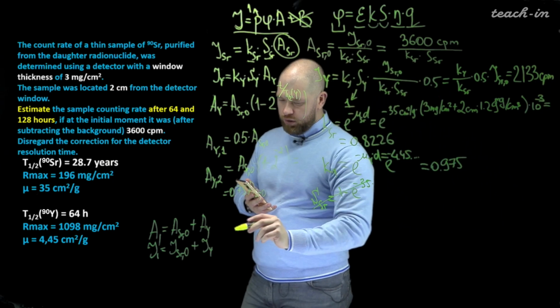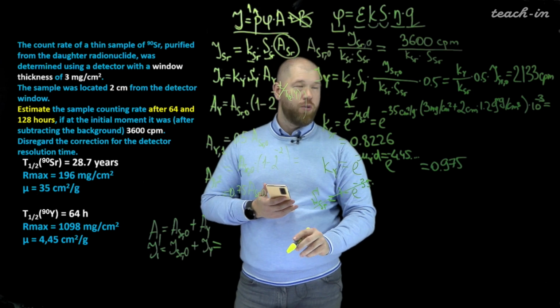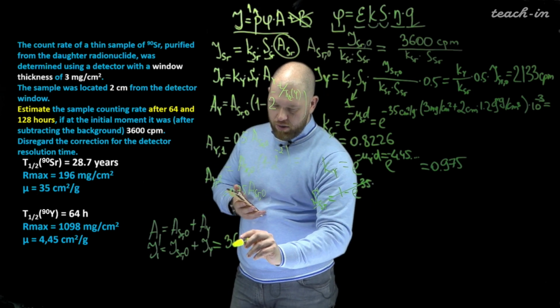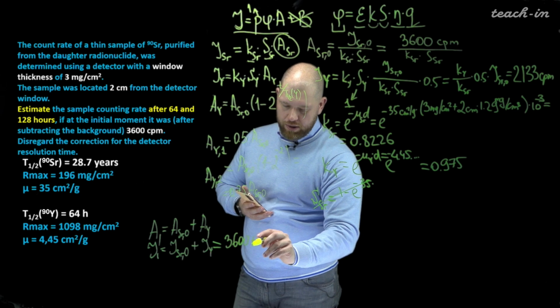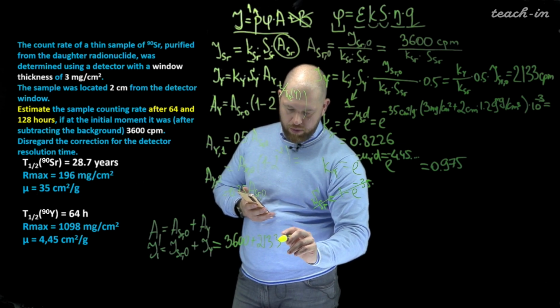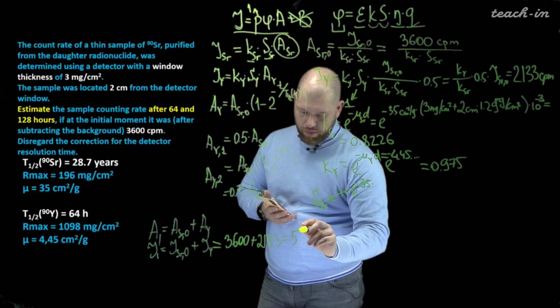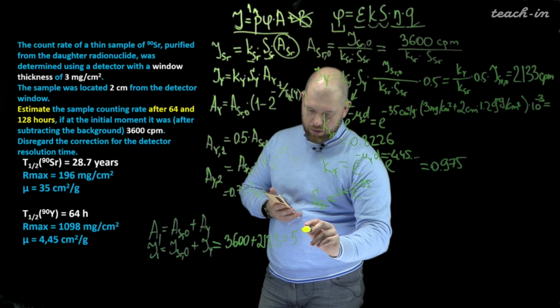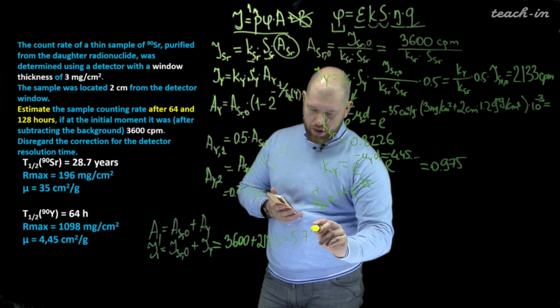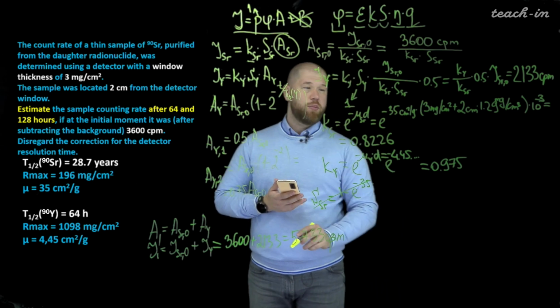So the total count rate of the sample after 64 hours will be 3600 plus 2133. So it will give us 5733 CPM. That's counts per minute.